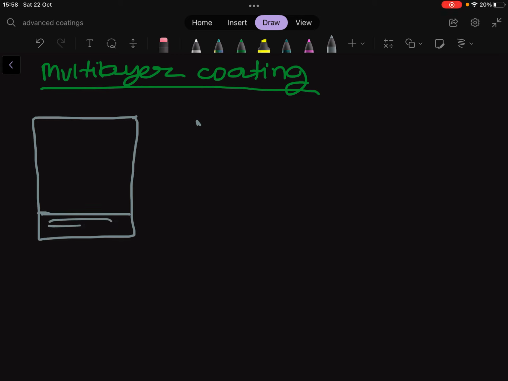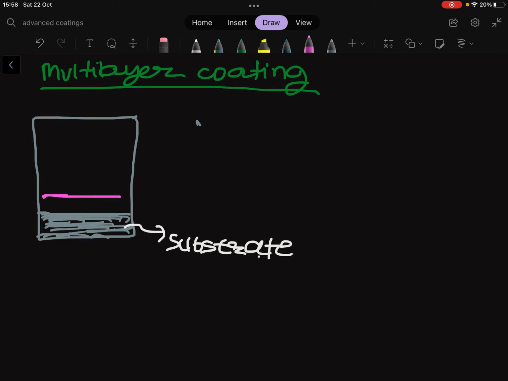So this is our substrate. This is our base layer.